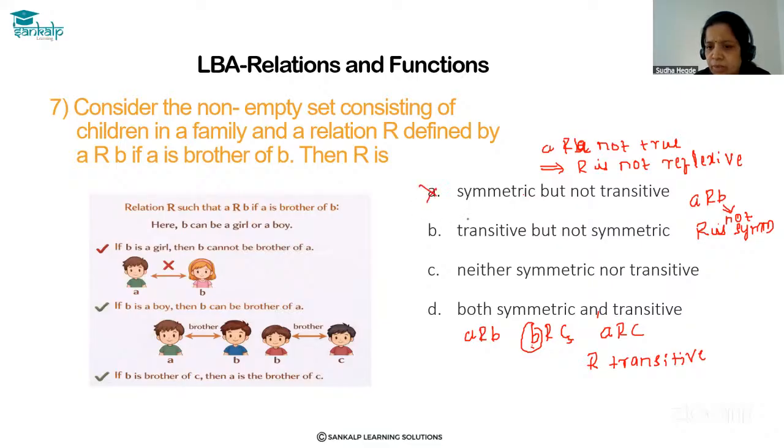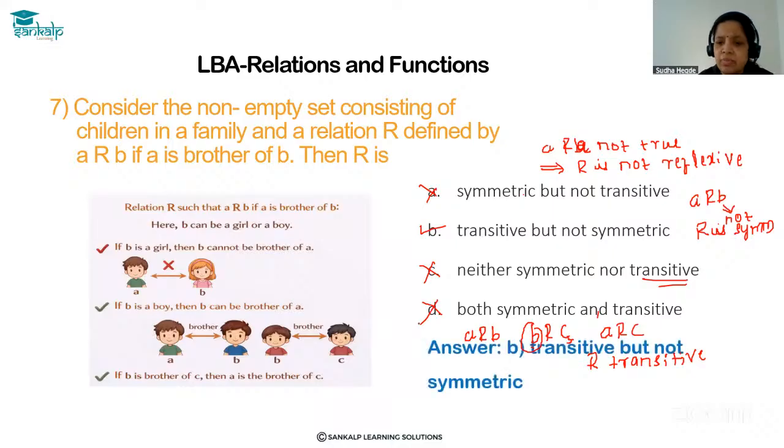Transitive but not symmetric, that is correct. Neither symmetric nor transitive is wrong. Both symmetric and transitive, these two are wrong. Therefore, the final answer is option B, transitive but not symmetric. Got it?